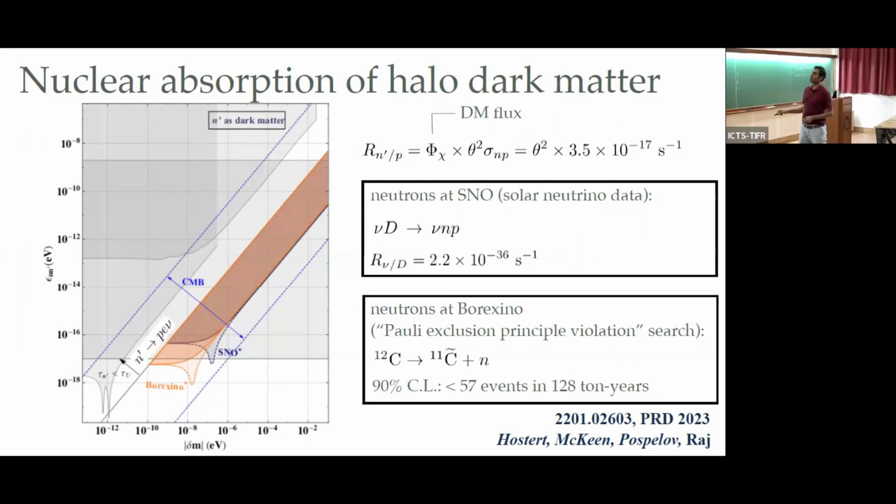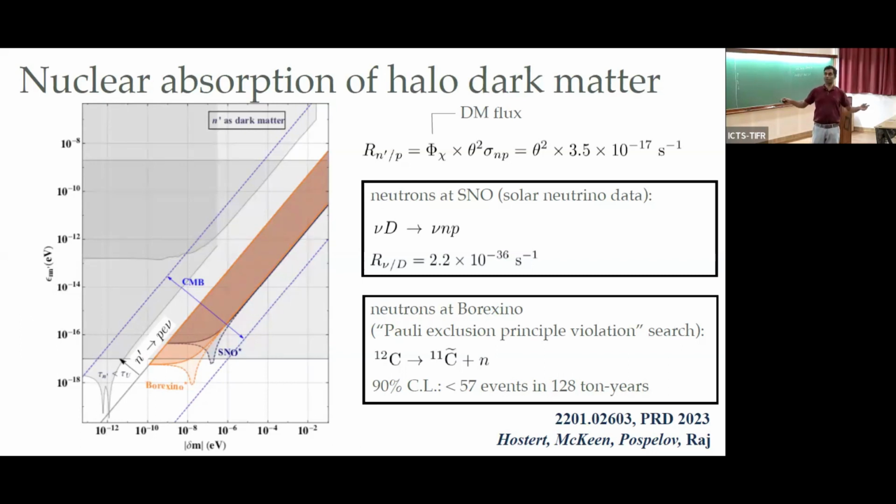Okay, through this elastic process, and this is the rate, the integrated rate that they quoted. So one can make use of this, and then I can take the flux of dark matter coming in, appropriately insert my mixing angle. I know what my neutron-proton scattering rate is, right? If I imagine that it's actually neutrons that are raining in instead of dark neutrons, I'll just remove the theta squared.